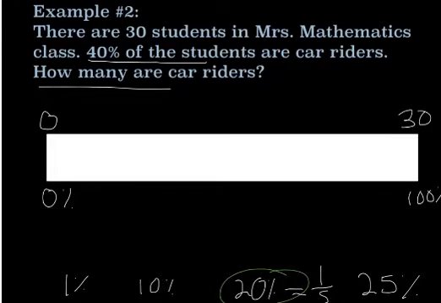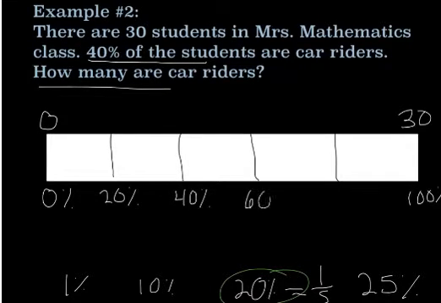So the fractional representation of that is 1/5. So you should divide this bar into 5 equal portions, as you can see. So you have 20%, 40, 60, 80, and lastly 100.